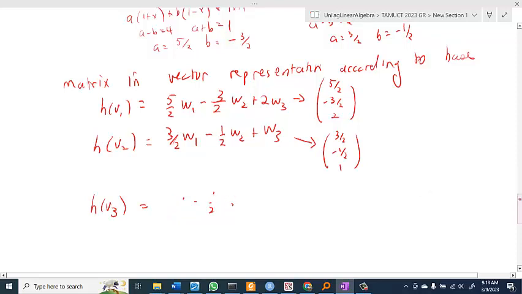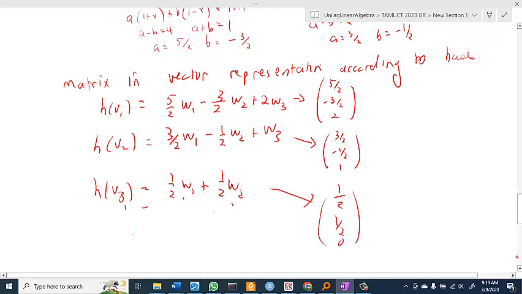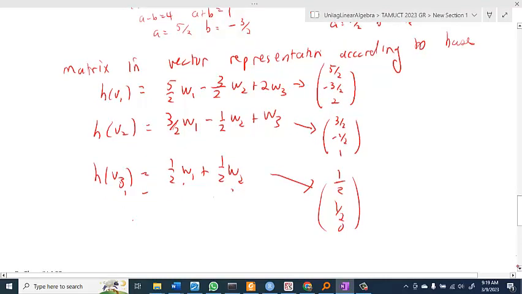Let me just erase this whole equation and move it up. It's not erasing. Oh well. All right, so h of v3 is equal to 1 half w1 plus 1 half w2, which goes to 1 half, 1 half, 0. All right, so the matrix representation is simply the matrix with these columns.